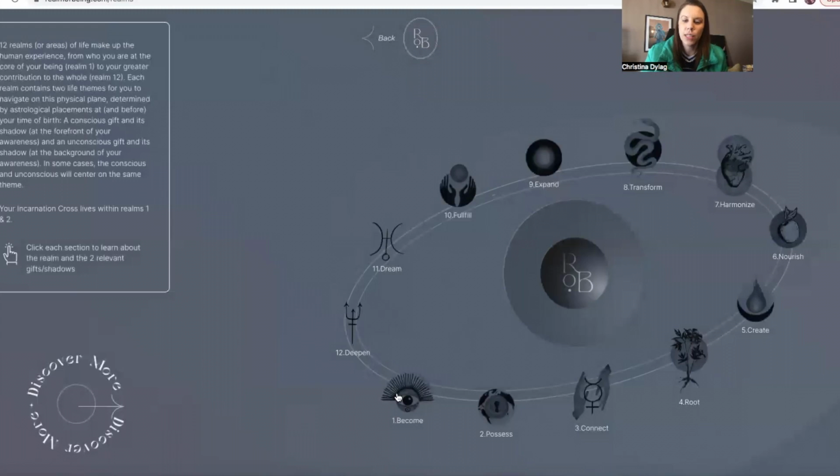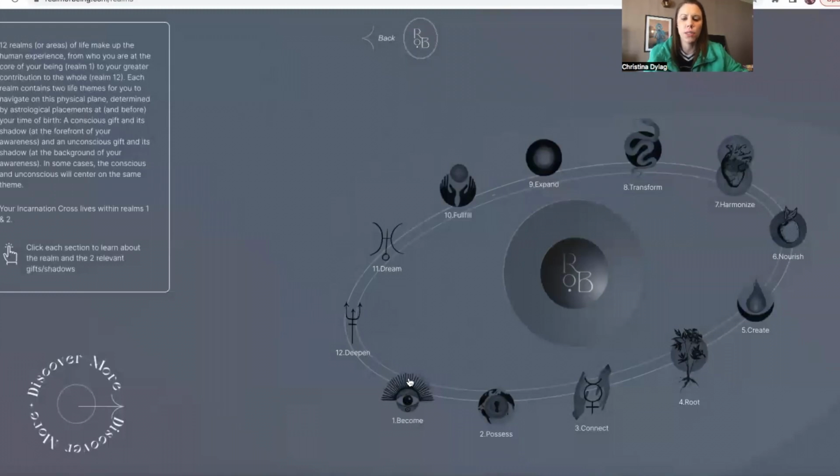When you reach this page, Realm of Being is composed of 12 realms that make up the human experience, and each one is ruled by a specific planet. The 12 realms are loosely based on the birth chart, but I play with the planets a little bit and where they rule in my own system, because it's the evolution of consciousness that is mirrored within the realms.